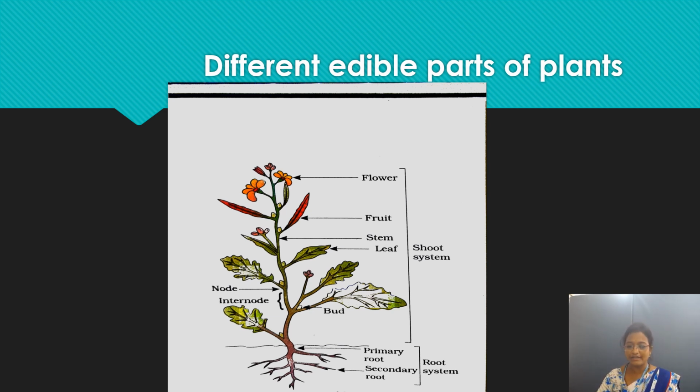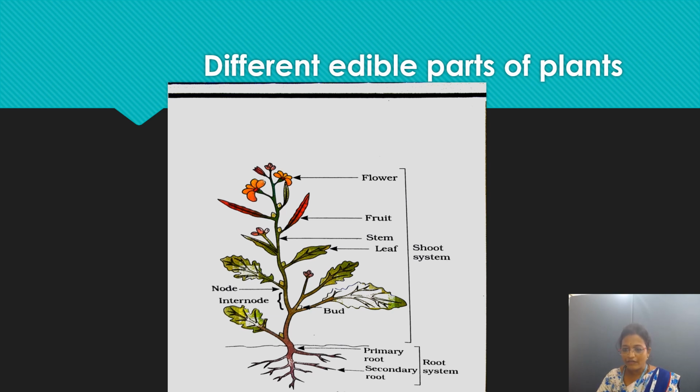So now look at this diagram. It is a plant. Here you can see flower, and here you can see fruit, and here you can see stem, isn't it? This is stem and leaf. Here you can see bud, here is node and internode.